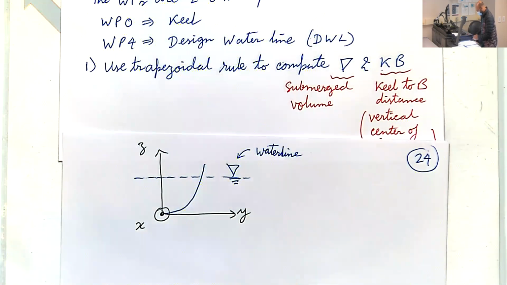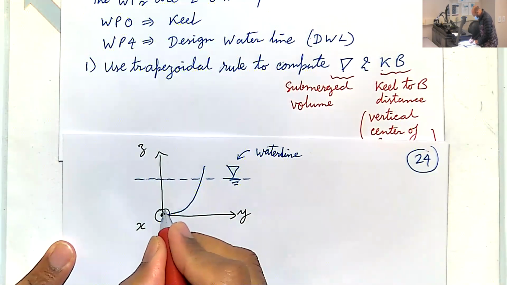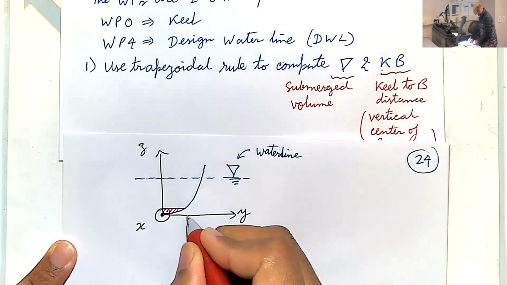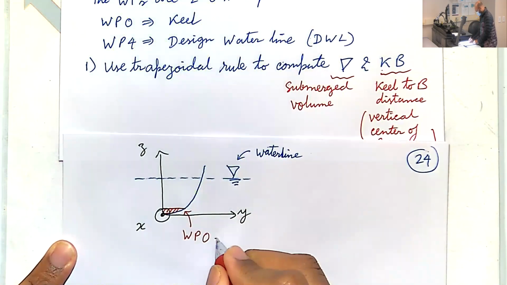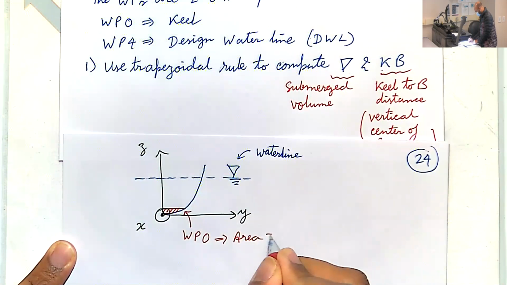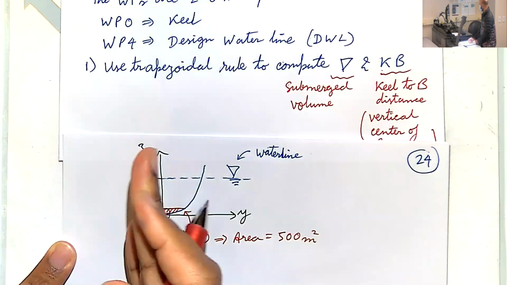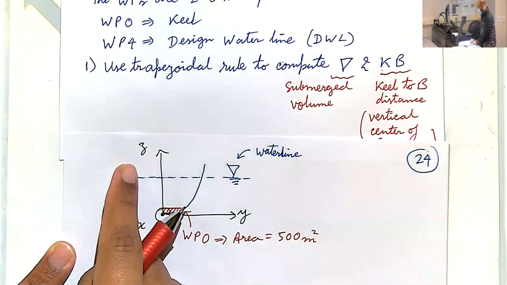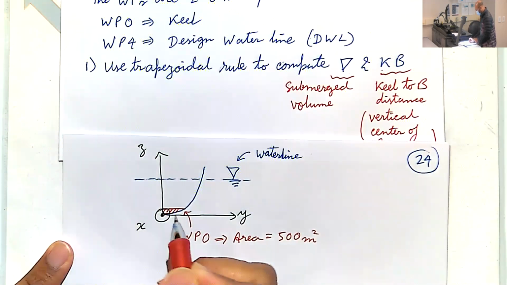The slices that we get would basically be, slice 1 would be this guy. So this would be, let's say, water plane 0. And area is 500 meters squared. And I've only drawn one half of the hull. Of course, it's mirror symmetric, so you have the full shape. Okay, let me just draw it.